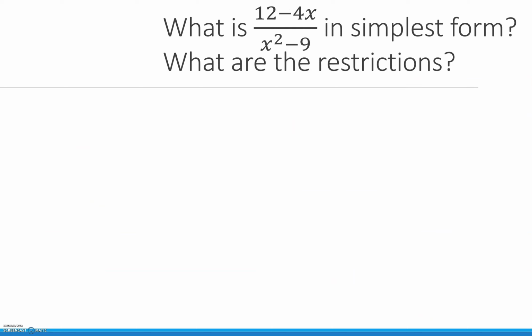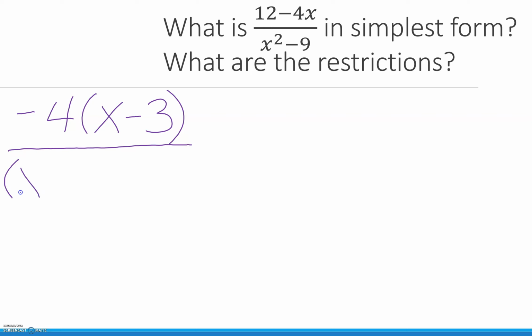Next up, we have 12 minus 4x over x squared minus 9. Remember back to yesterday, we rearranged the order in that numerator. So we have negative 4 times the quantity x minus 3. And our denominator is a difference of squares. So I'll have x minus 3 times the quantity x plus 3.